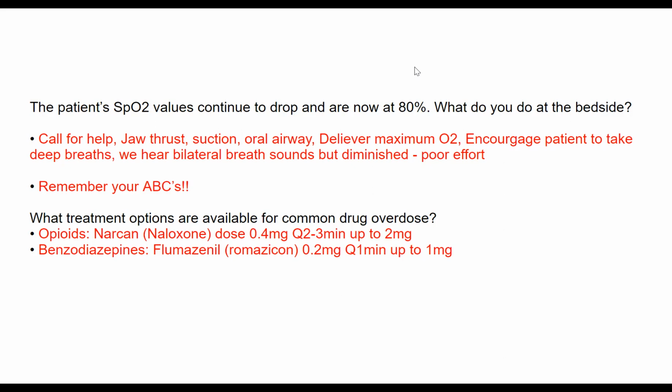Encourage deep breaths if they are awake. This patient is sleepy, but they're generally responding to commands. And remembering the ABCs, you can't really have breathing and circulation without airway, so thinking through those essential steps from the beginning to make sure that they're protecting their airway is important.